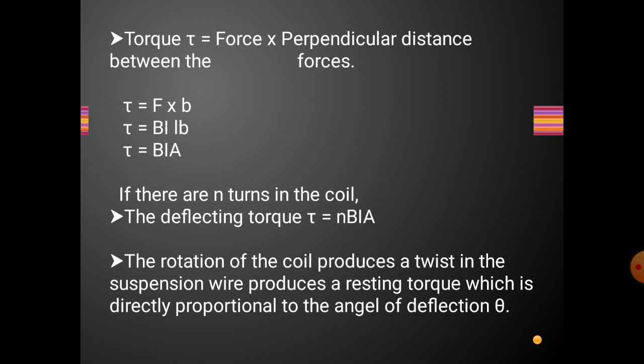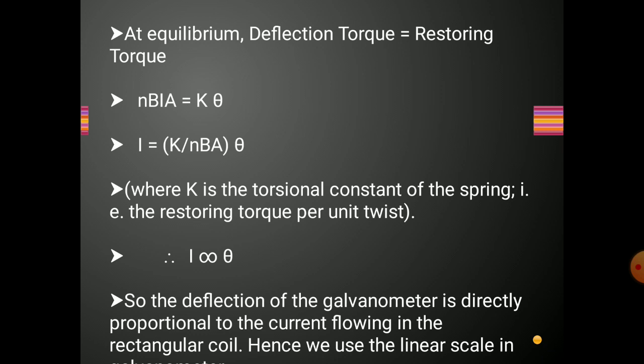The rotation of the coil produces a twist in the suspension wire, which produces a resisting torque directly proportional to the angle of deflection. At equilibrium, deflection torque is equal to restoring torque.